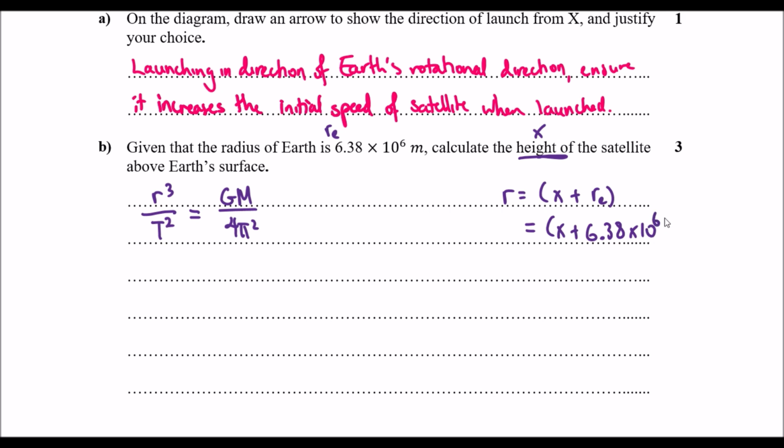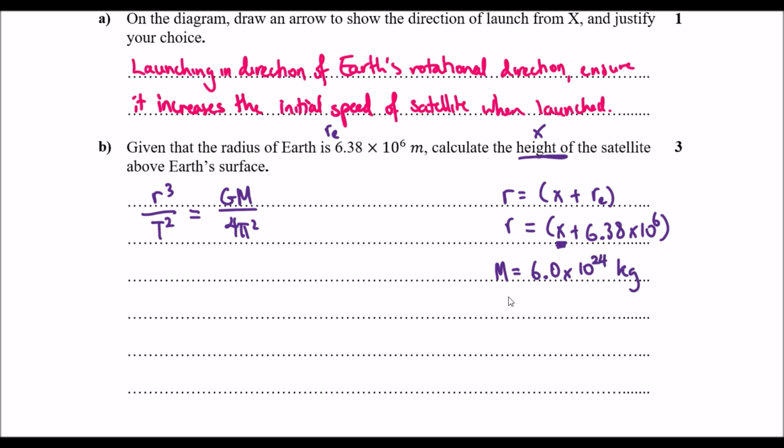So we're going to try and find the overall distance first, and then we're going to subtract the radius of the Earth to find the value of x. We already know the mass of the Earth. It's not on the question, but you can find it on the formula sheet, which is 6.0 times 10 to the power of 24 kg.